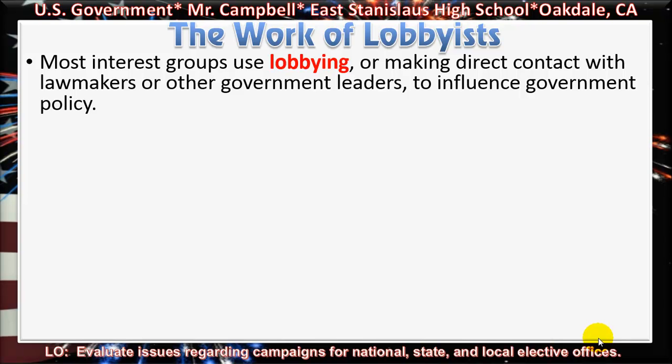Now, the term lobbying, it is believed that originally Congress members gathered in the lobby, and that's where people that wanted to influence the congressman would come and try to meet with them, and that's how the term lobbying originated. But that's what they mean. When they say lobbying, they're trying to influence our political leaders.